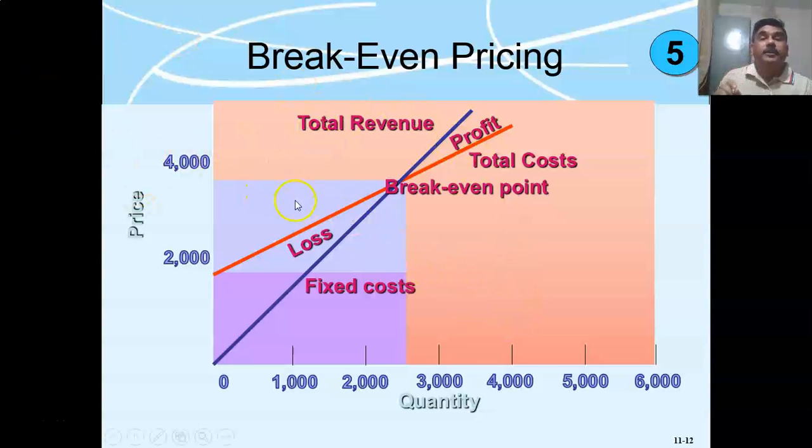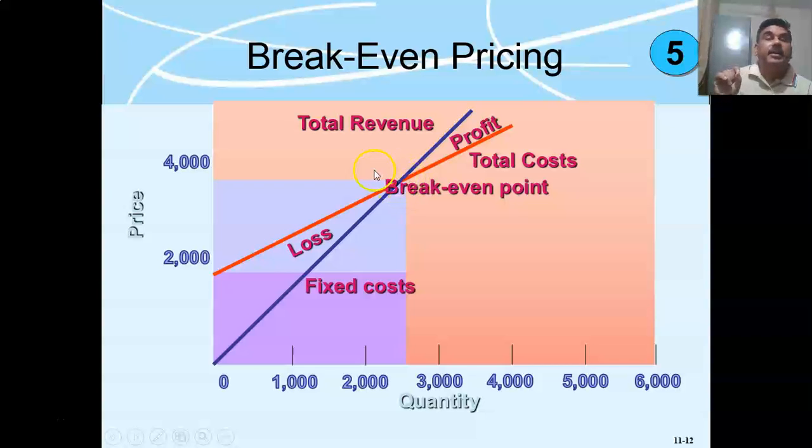Now you will see that for a particular product the price is approximately 3,500. At this price, the total units to be sold should be 2,500. If the company sells a total of 2,500 units at the certain price, then only is the company in a position of break-even.